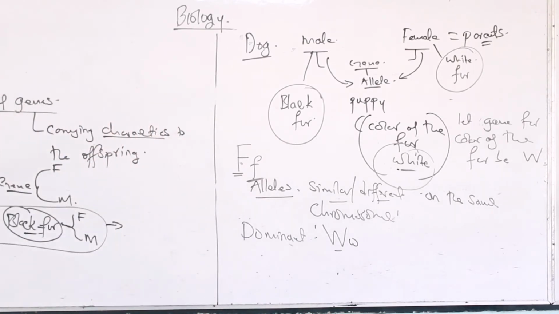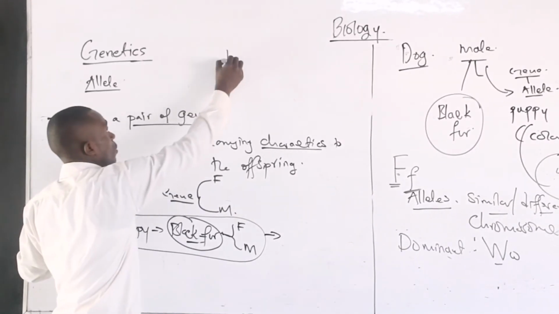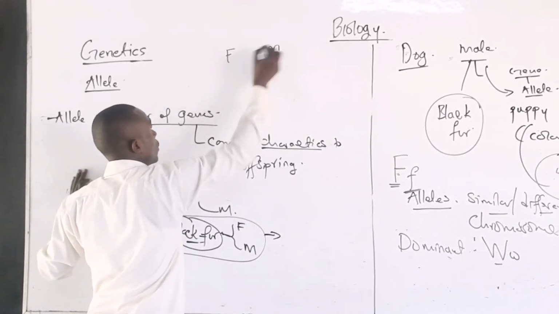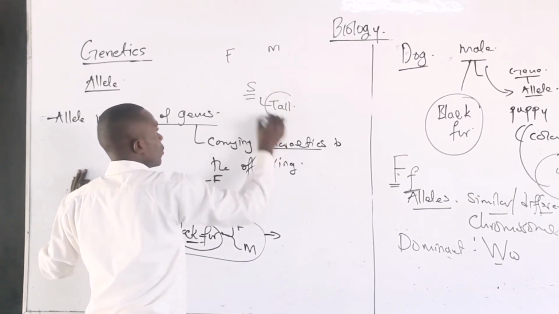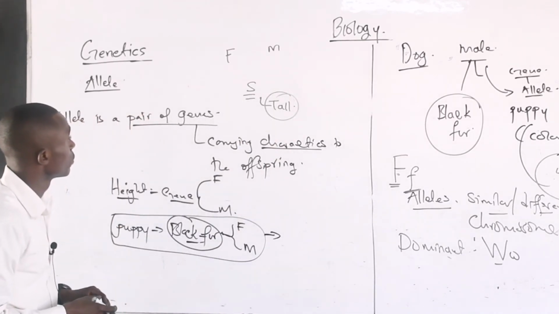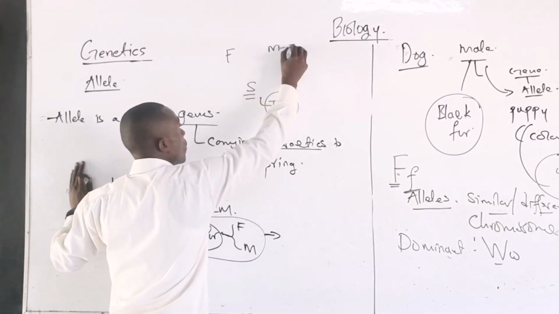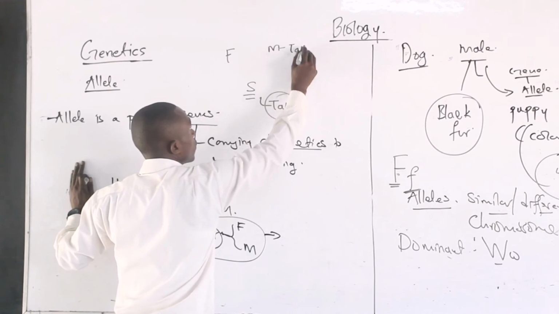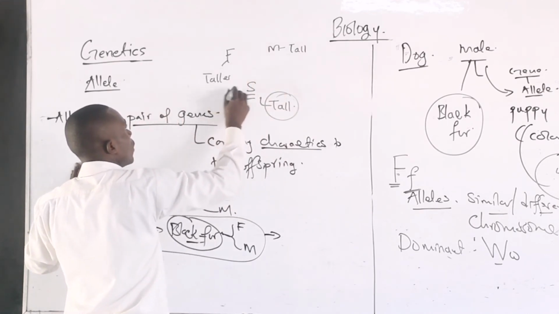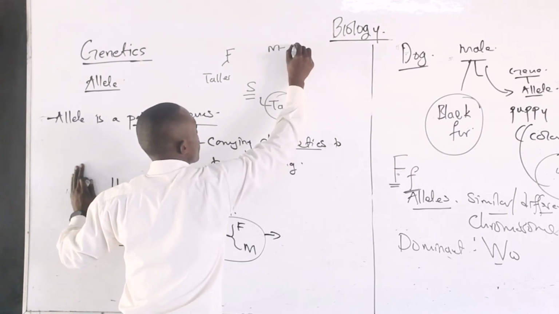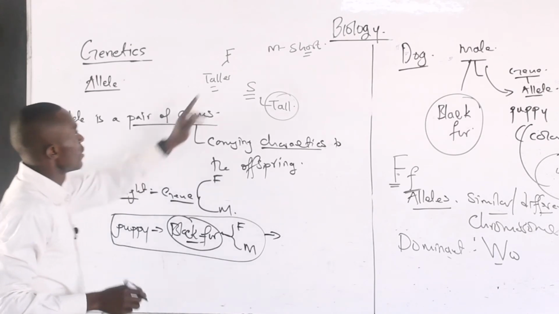Again, you can also use height. Let's say we have a father and a mother, and their son is tall. Let's say the mother is short, to make things simple, and the father is tall, and then the son is tall.